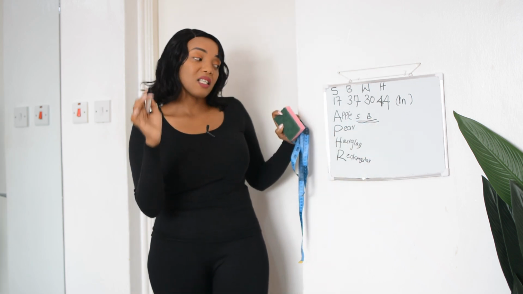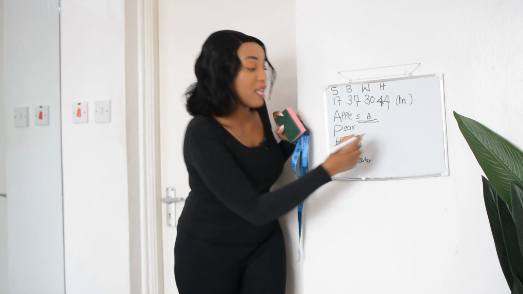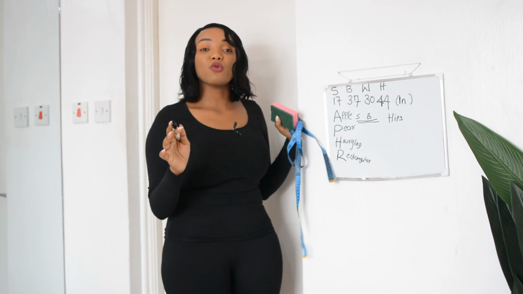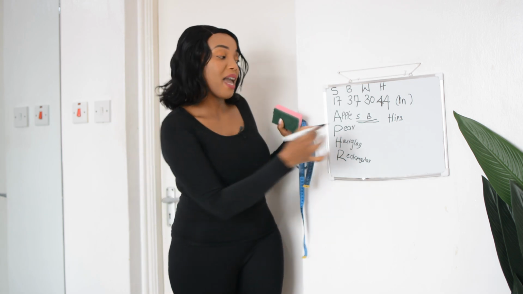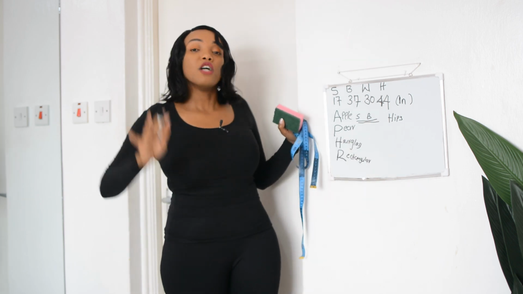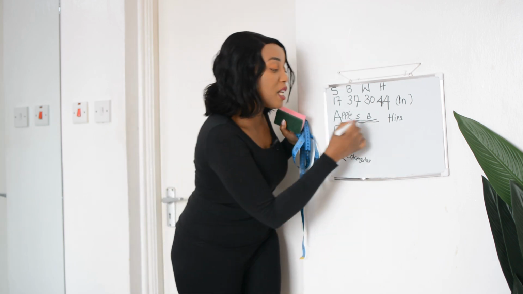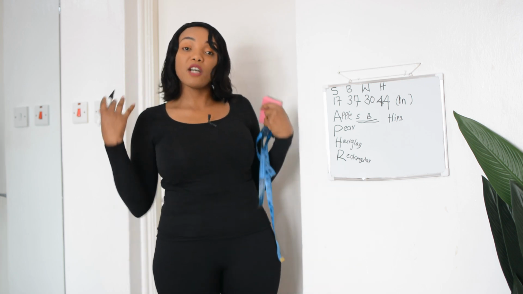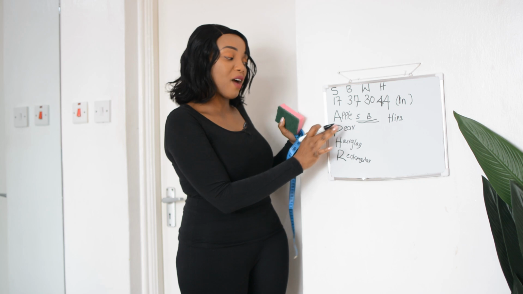And then the smallest when it comes to an apple is the hips. They are defined by small hips, yeah? So the hip area is the smallest. So the upper body, including the waist, they have a big waist, they have a big bust, and they have big or broad shoulders. That is what defines an apple.